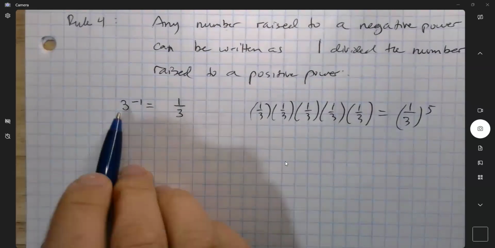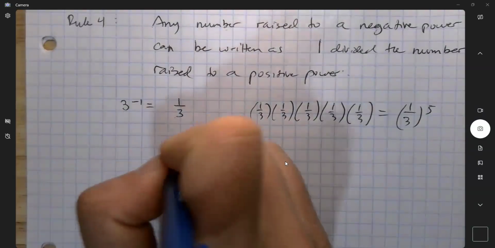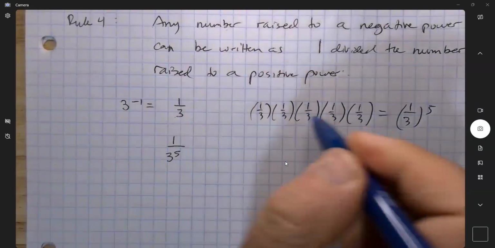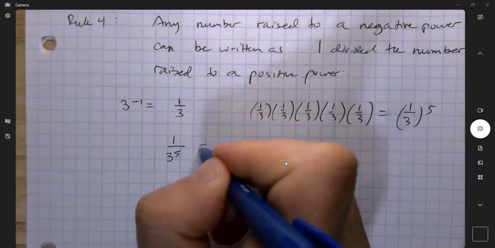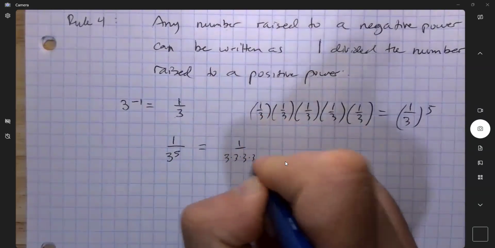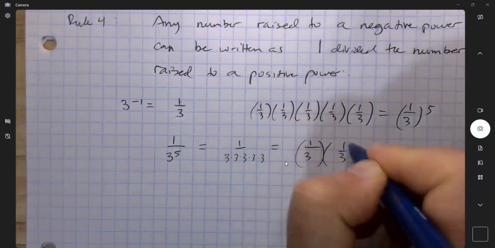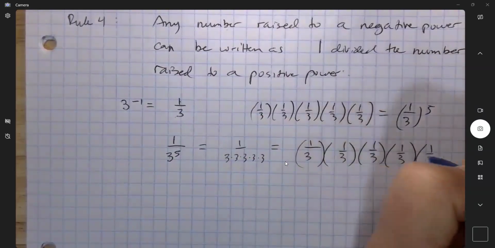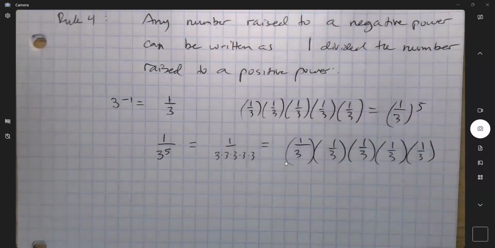But if I looked at this 1 over 3 to the 5th, which is 1 over 3 times 3 times 3 times 3 times 3, we can split that out as 1 over 3 times itself 5 times.